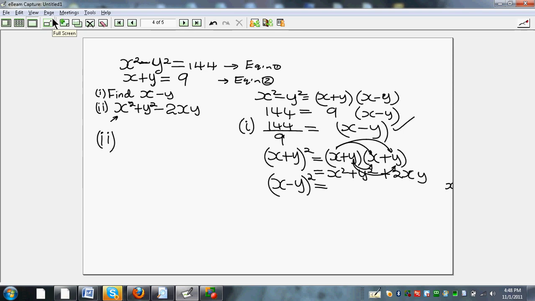And I would like you to commit this to your memory, because it will be very helpful. We'll see how it's used here just now. But this is how you learn this easily. Anything in brackets like this, x plus y squared: square the first term, which is x squared, square the second term, which is y squared, and add 2 times the first term times the second term, which is plus 2xy.